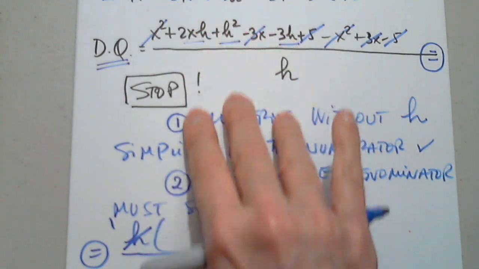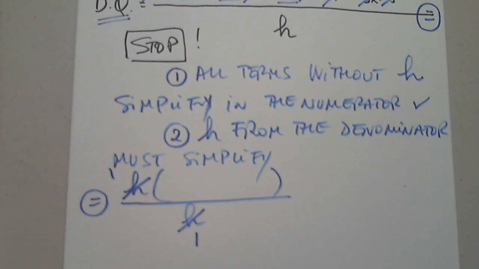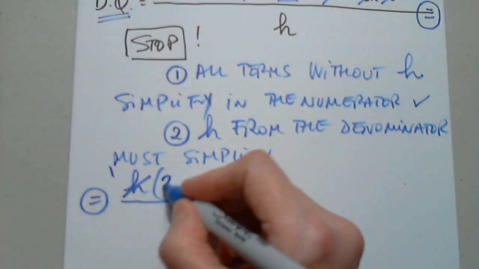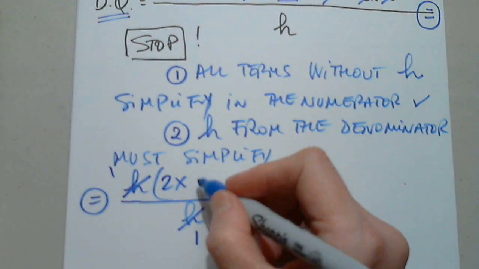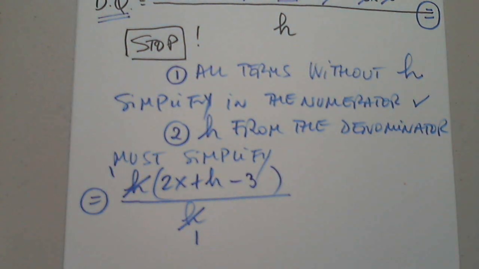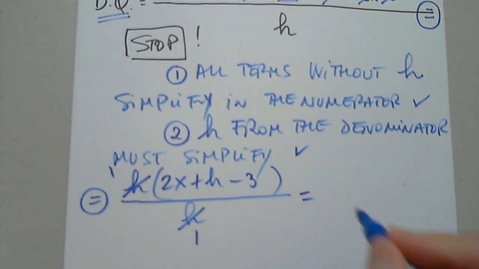Can anyone give us those 3 remaining terms that I have to write in parentheses? 2x, excellent, plus h, excellent, minus 3. That's it. Step 1 happened. Step 2 happened. This is the final.